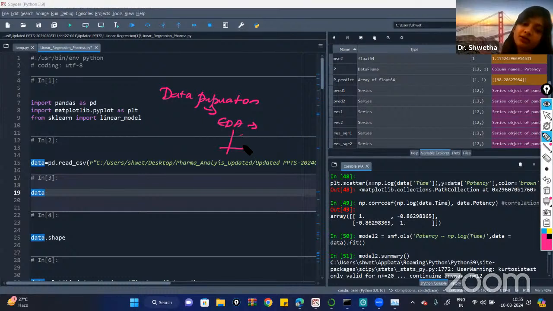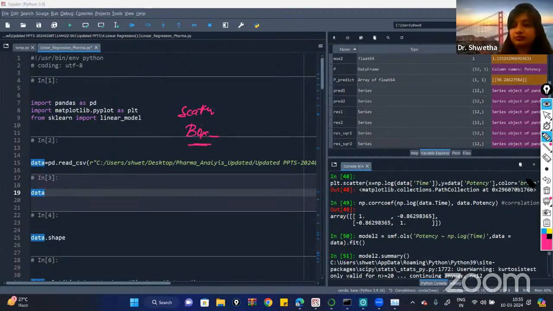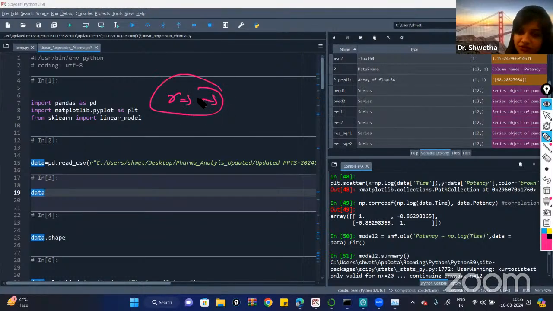In this EDA, we are plotting this data and trying to understand how the data is distributed, what the patterns inside the data are, and all that. Here we have plotted the scatter plot to understand the correlation, and also we went for a box plot. Once we understood there is a correlation, then we went for the correlation coefficient. We got a good correlation between the two variables, which is why we moved ahead with simple linear regression.